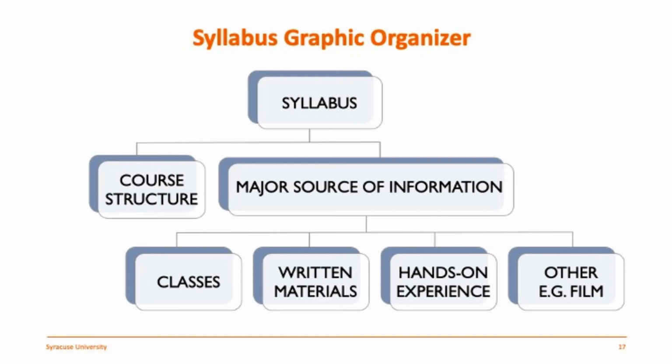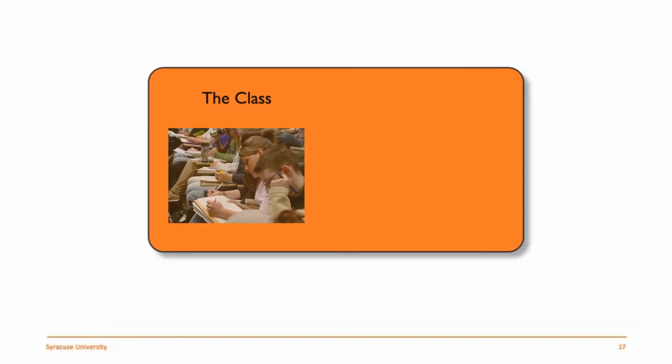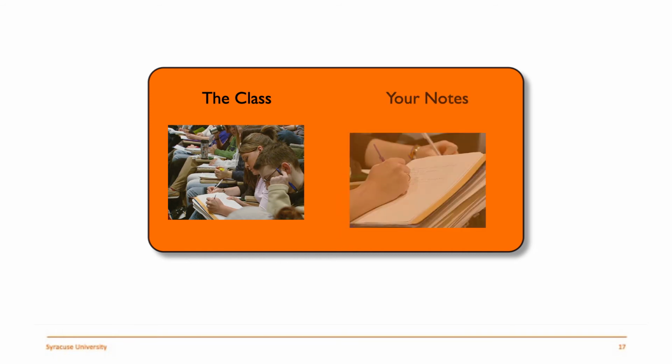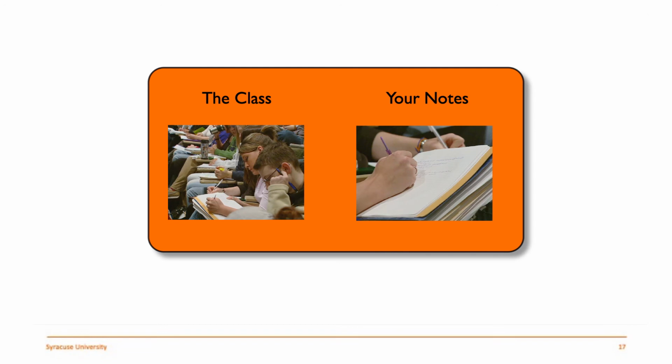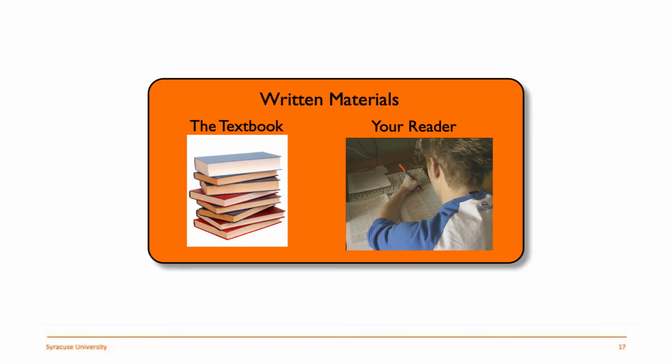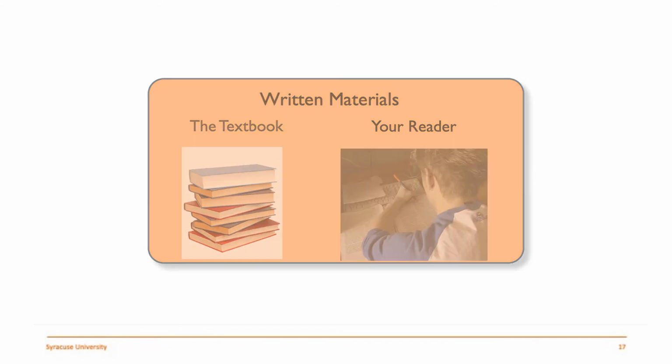The organizer shows the major sources can be in a class, so the class itself. Some professors will give all of the information that will appear on their tests in their class during class time, so your notes become the major source of information. Others will take the majority of their test information from assigned readings or written material, so all the required reading is the major source of information.